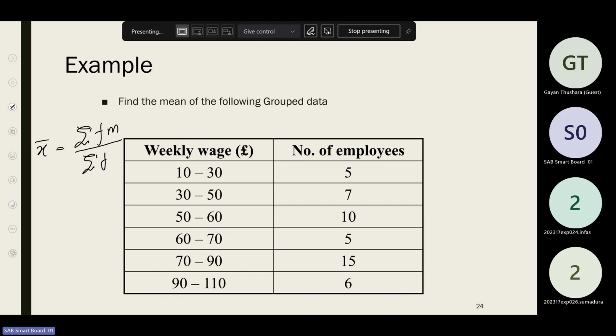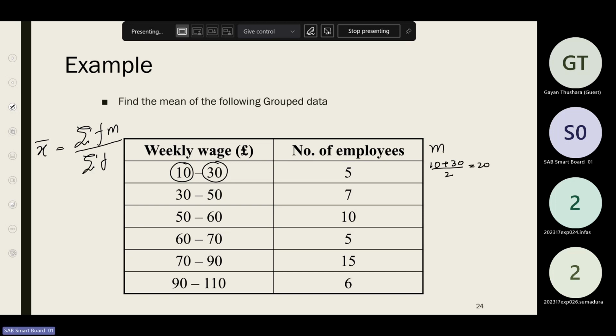First of all, we need to get the M value, the class midpoints, M. How do we get the M? Add the class lower limit and class upper limit and divide by 2. So 10 plus 30 divided by 2 is 20.